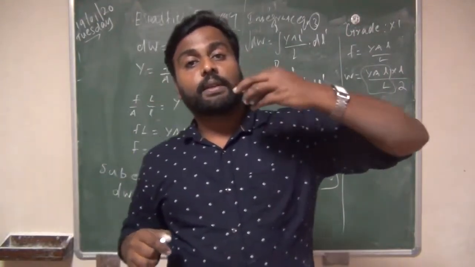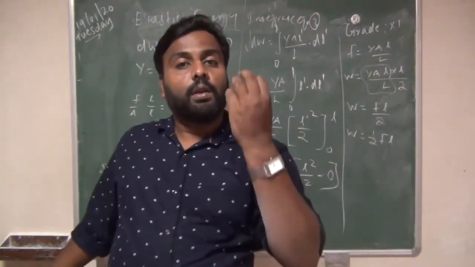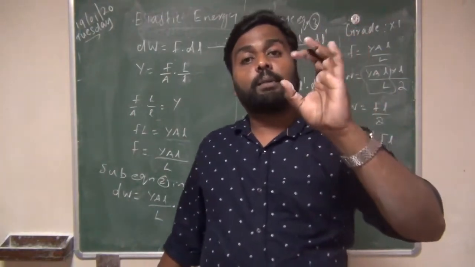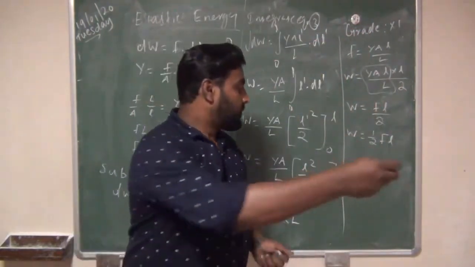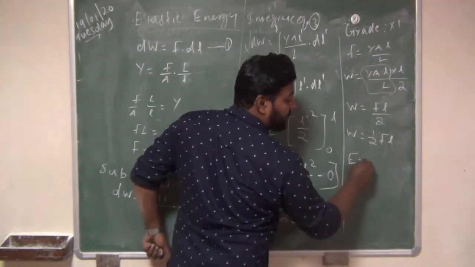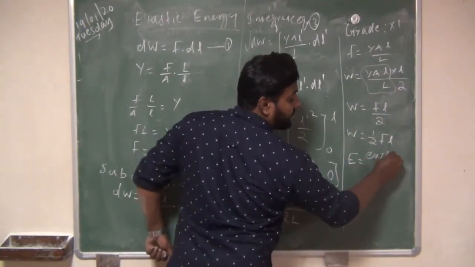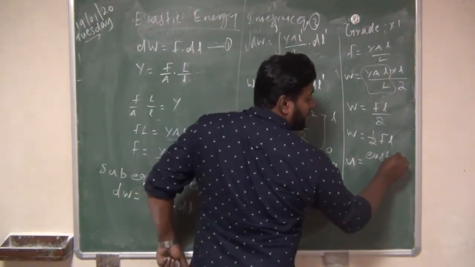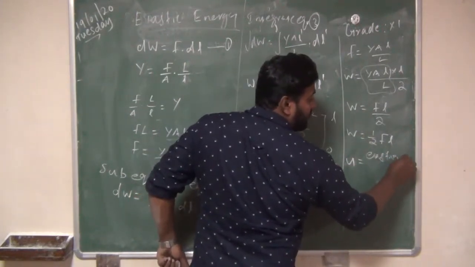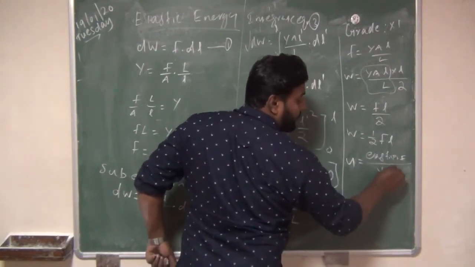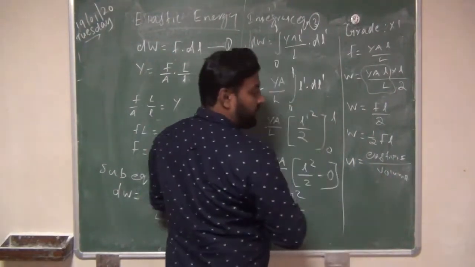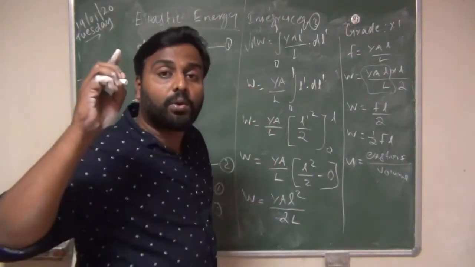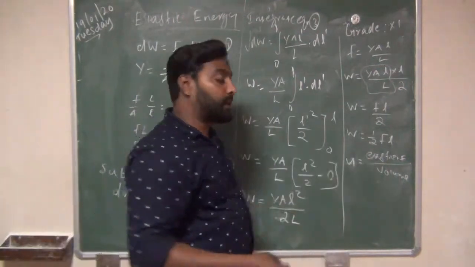That elastic potential energy we have to find for each unit volume, how much energy is stored. So for that we use U equal to elastic potential energy divided by volume. We know that this work done is the same as the elastic potential energy.